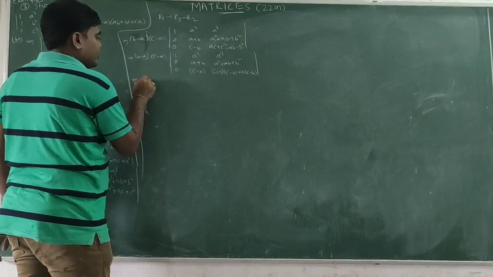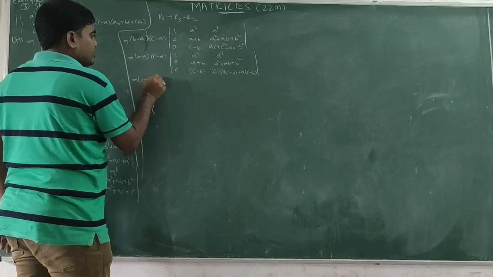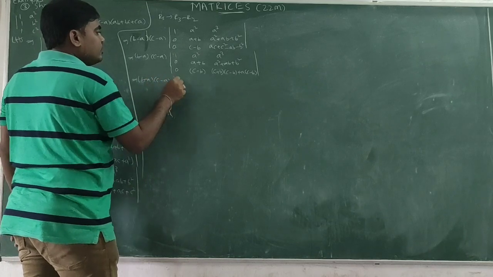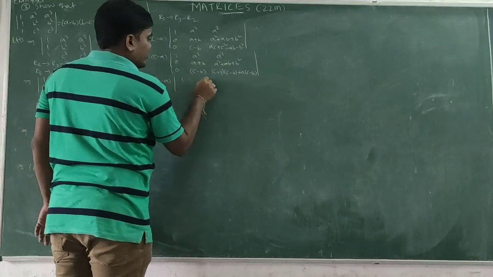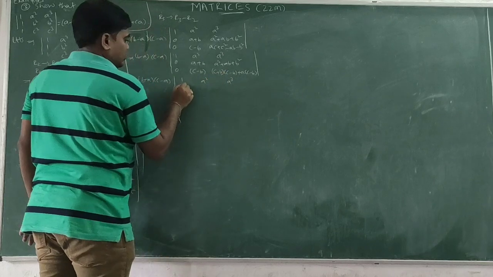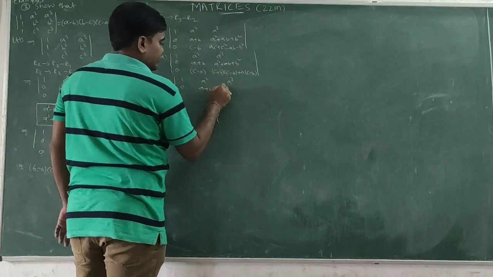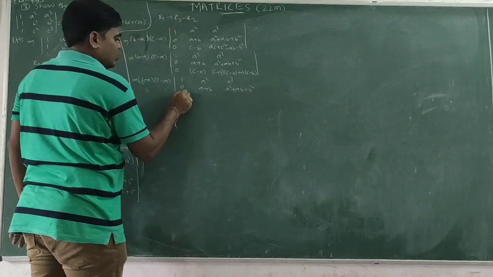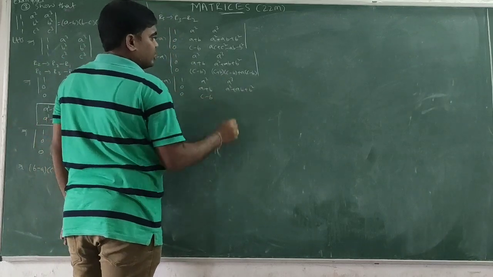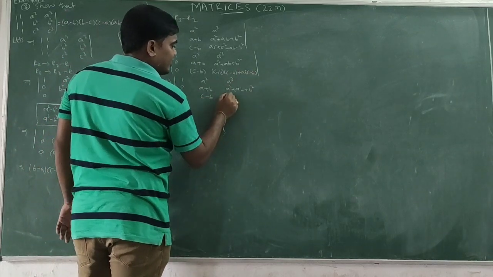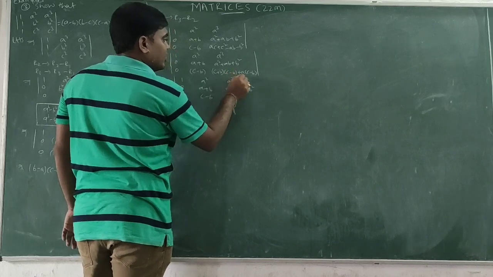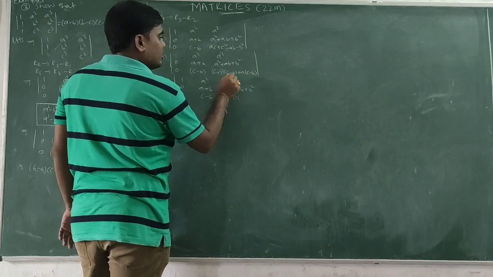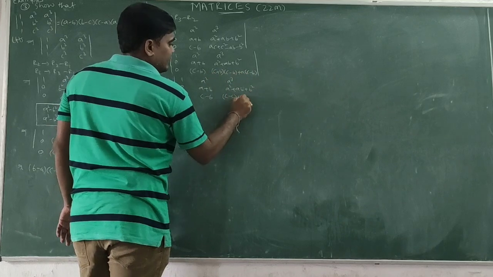So (b minus a)(c minus a), determinant: 1, a square, a cube; 0, a plus b, a square plus ab plus b square; 0, c minus b, ... In this, c minus b cancels, common. Then a plus b plus c.